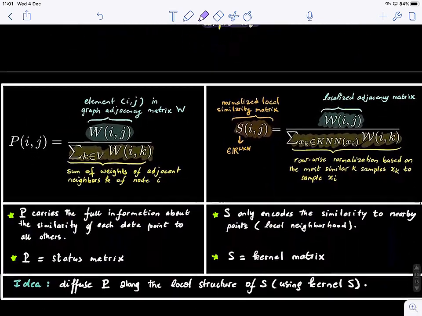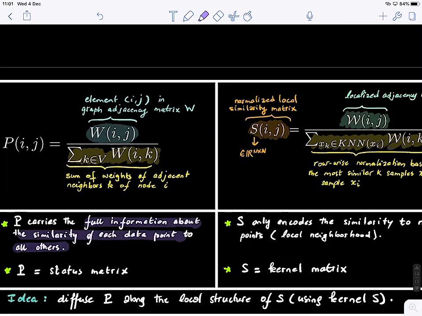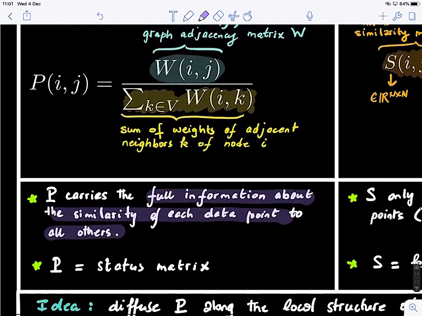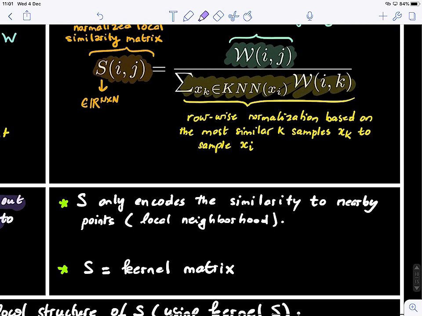Next, what are the differences between P and S? These are important differences. P carries the full information about the similarity of each data point to all other points, because here we're looking at all points in the graph. S only encodes the similarity to nearby points, so it looks at local neighborhoods.